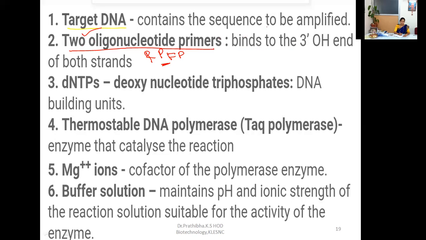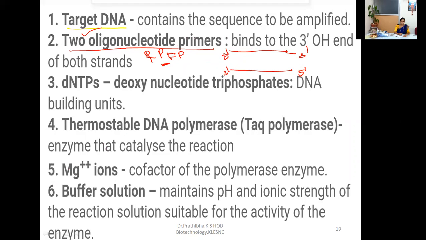For example, if this is your DNA molecule and this is another DNA molecule, the primers go and bind to the 3' end of the DNA molecule. Let me write here, this is 5' and this is 3'. If this is 5', this will be 3' and this will be 5', because of the anti-parallel nature, right?